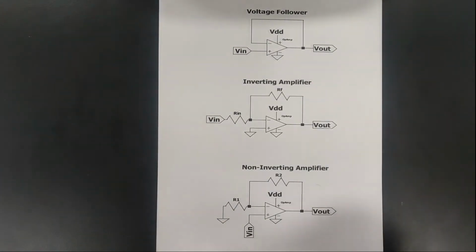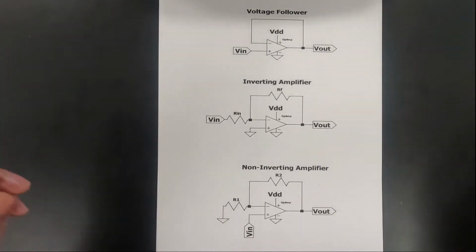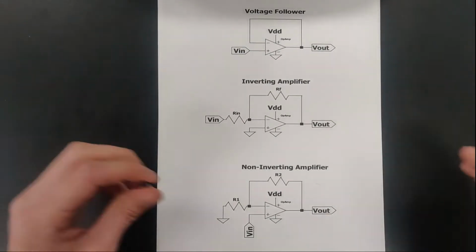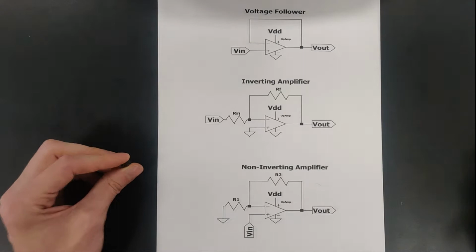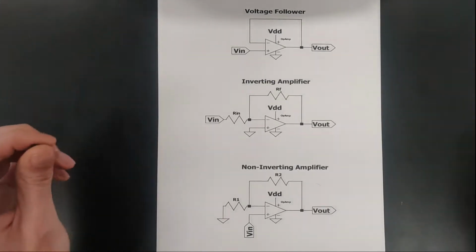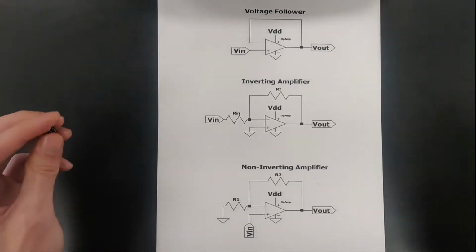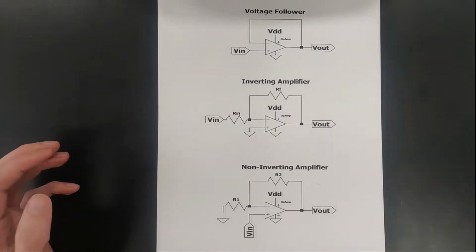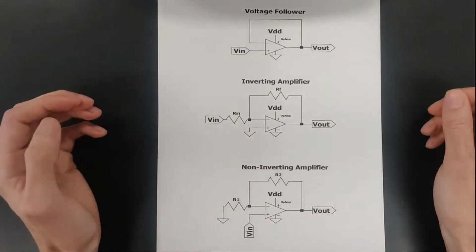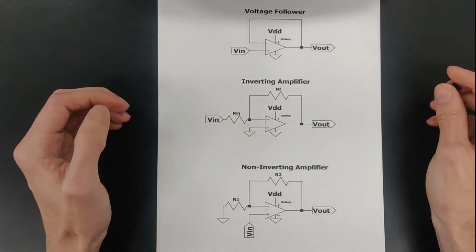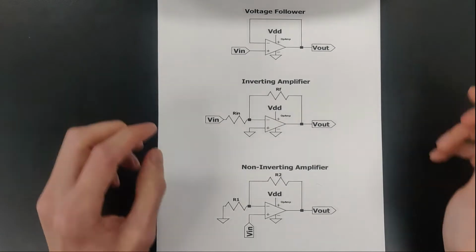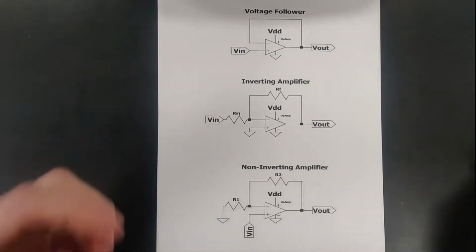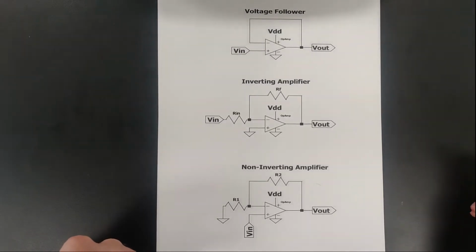There's a fourth one, but it's much more exploratory. It's just showing how we can use these op amps to create a very interesting circuit. It's going to be using components from the circuit board kit, and we'll get to that at the end of the video. Last thing I wanted to talk about: throughout this experiment, we are going to be measuring the gain, the ratio of our output to our input, as well as finding the cutoff frequency.